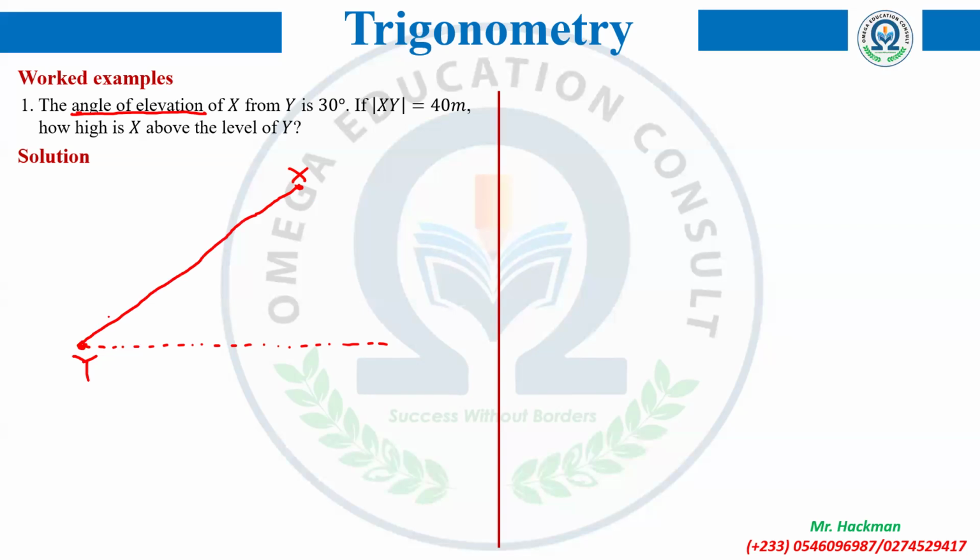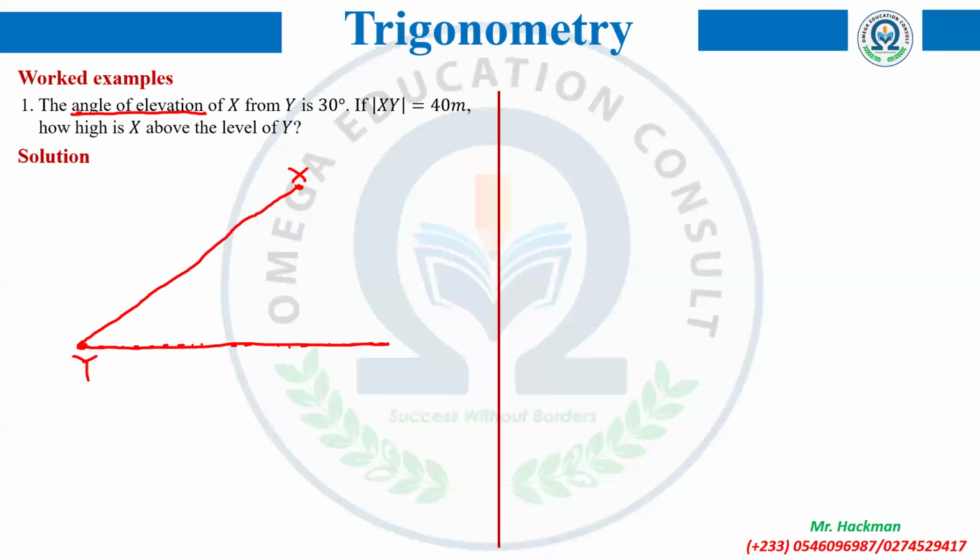Obviously you can see that we have two lines forming an angle. The angle between this diagonal line and the horizontal line is what is stated in the question as the angle of elevation, which is 30 degrees.